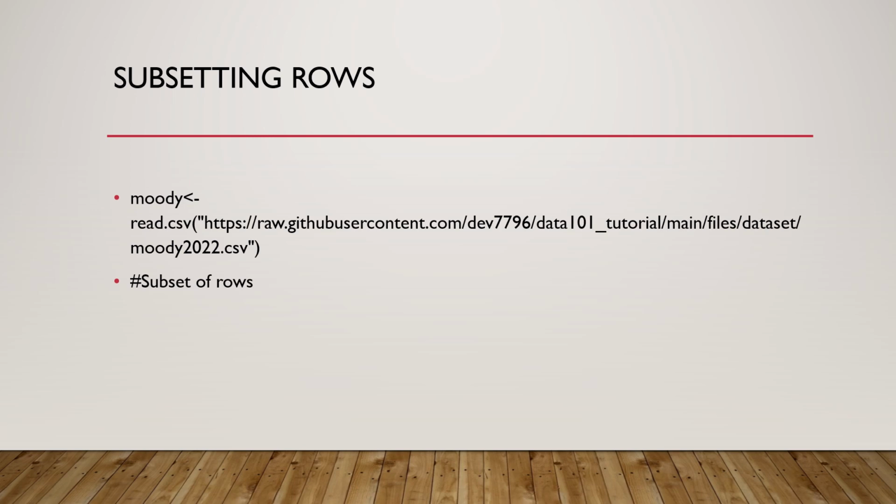Next, suppose we want to take a subset of rows which describe a specific value of a specific attribute. So for example, here, the Moodle underscore psychology data frame variable contains a subset of the Moodle data frame with major equal to psychology. Notice a very important feature of this function subset, right? What you need to do is give the name of the data frame, and you need to give a condition.